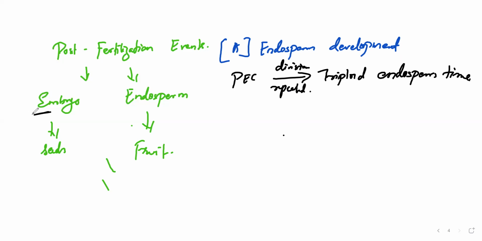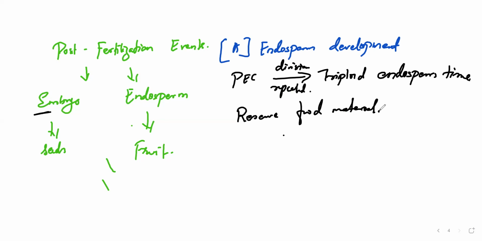And this endosperm acts as a store for the reserve food material. So the fleshy parts in fruits, vegetables, whatever you see, provide nutrition also for the developing seeds as well. So this is how the endosperm actually develops.